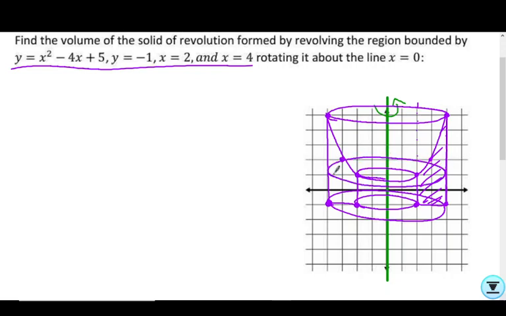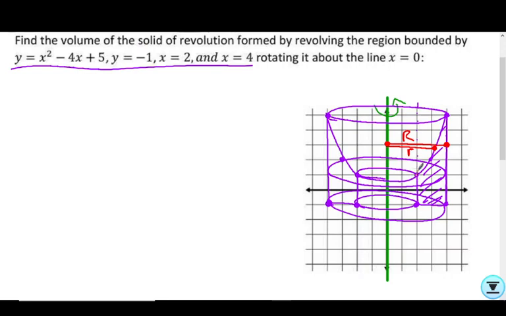Now, here's the problem. Normally we would just worry about finding our outer radius and inner radius. Up here, this is my big R, and my inner radius is right here, my little r. But down here it changes on the bottom part.